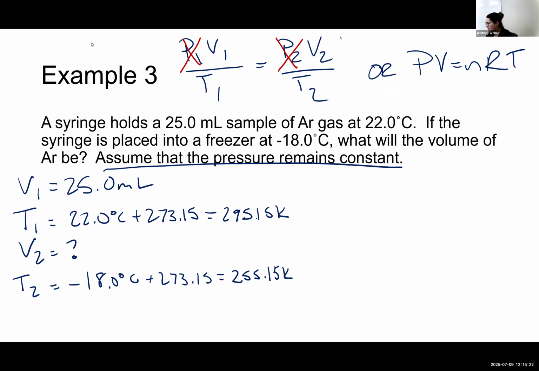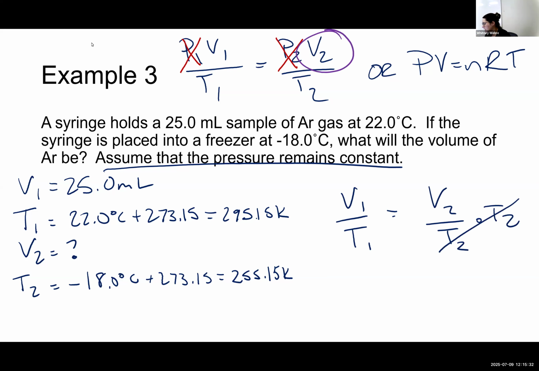We're trying to isolate V2. So if I rearrange V1 over T1 equals V2 over T2, I could just multiply by T2 on both sides, and my V2 will equal V1 T2 divided by T1.